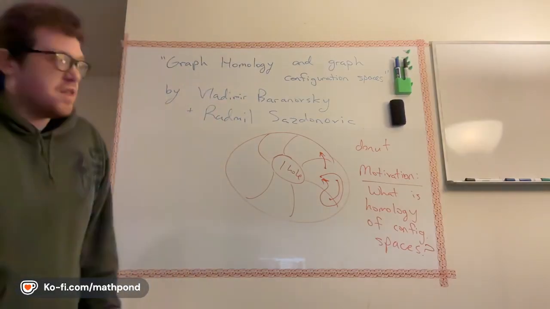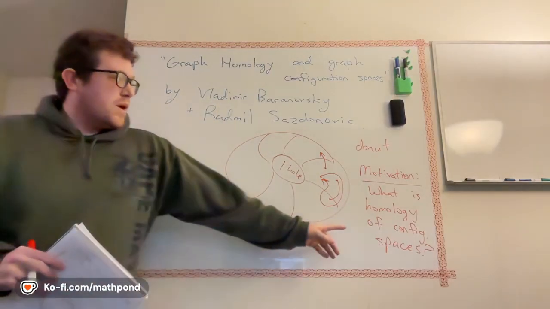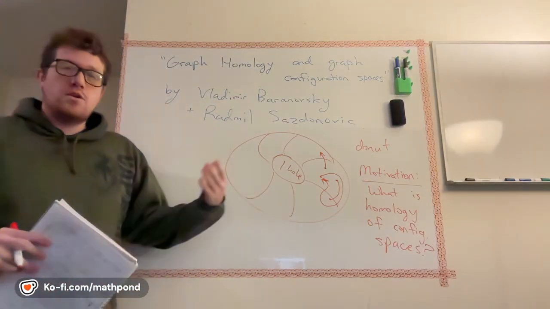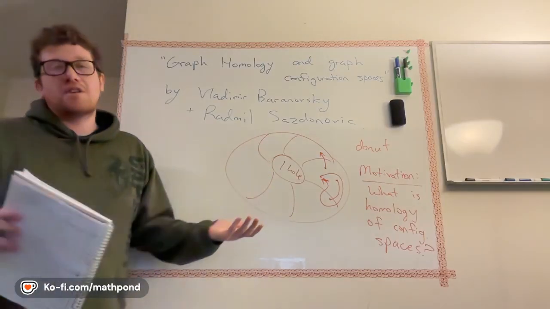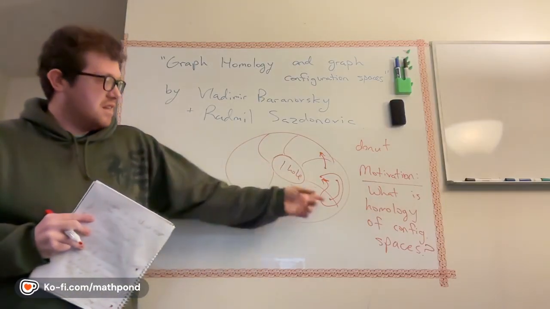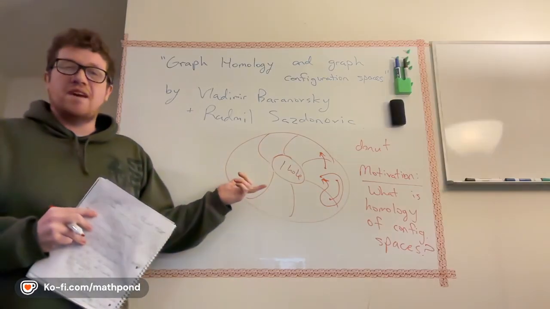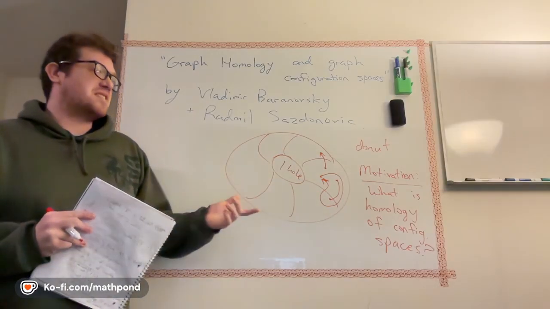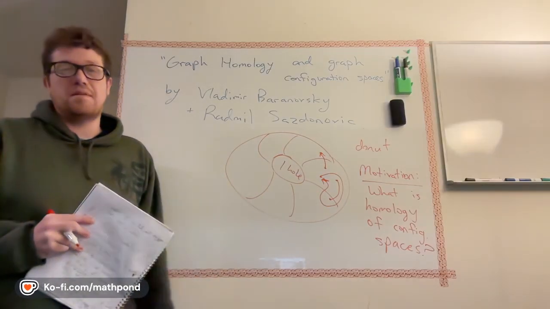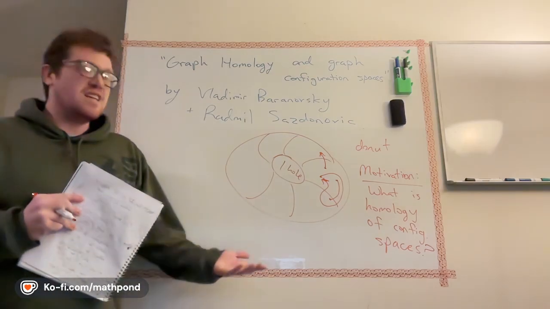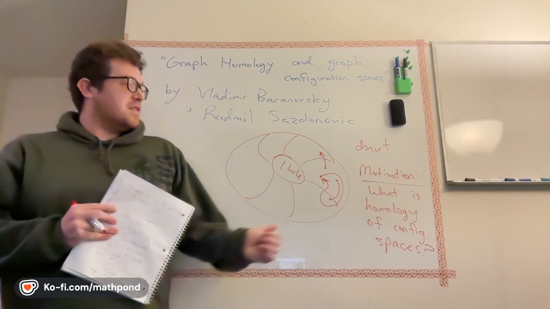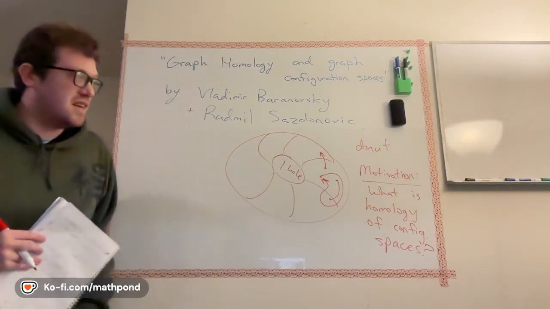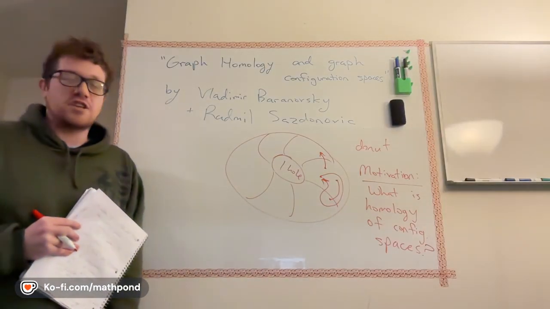And from some other work, it seems likely that the question involves something to do with the algebra on the original manifold itself, which you could imagine would be the case, that the homology of the configuration space on the manifold is somehow related to the homology of the manifold itself, right? That doesn't seem too surprising. But it turns out computing this is not very easy. It's not a trivial process.